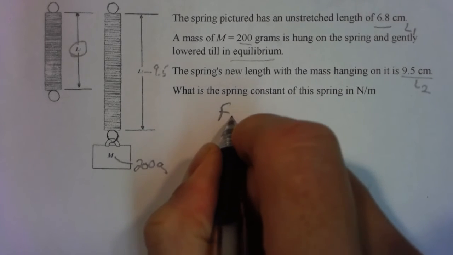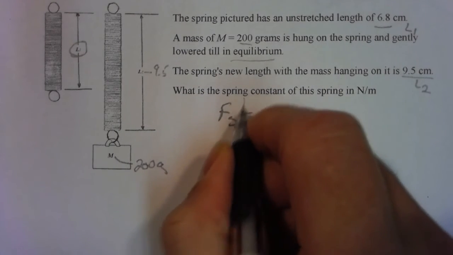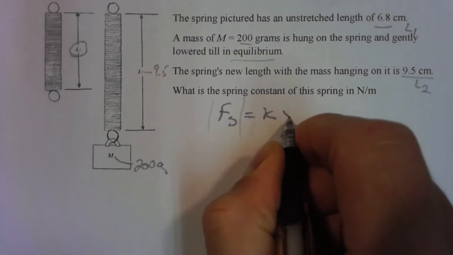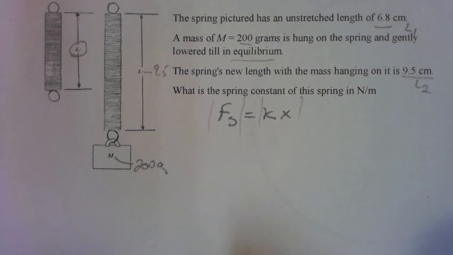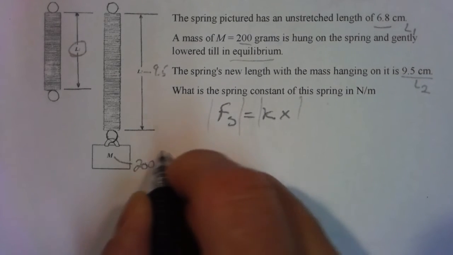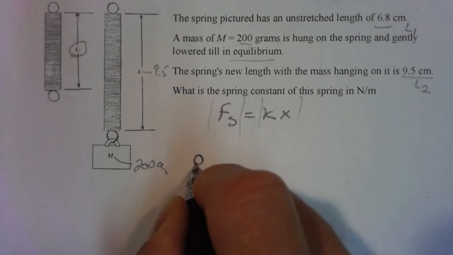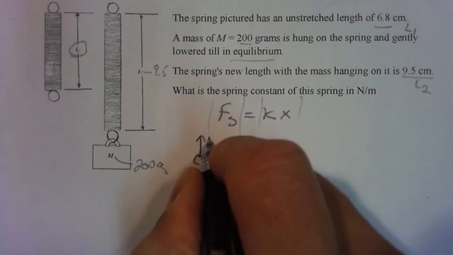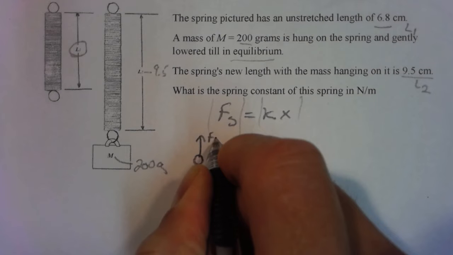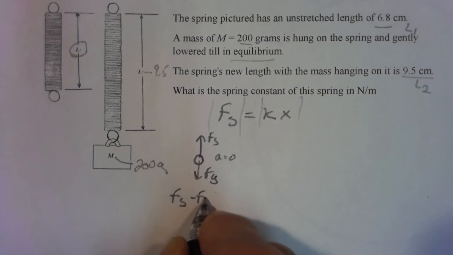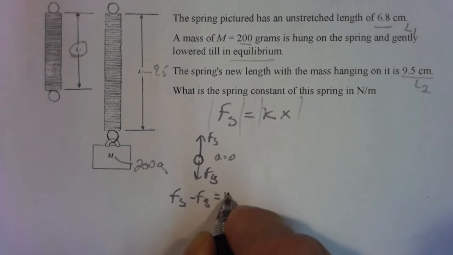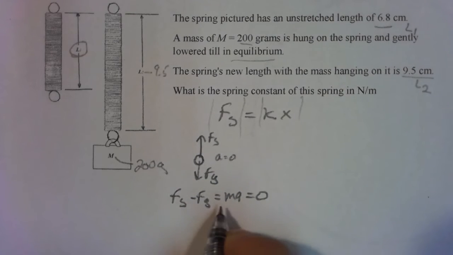Well, force on a spring is equal to, if we're not worried about direction, K times X. Okay, not worried about direction right here. So we have a mass hanging on it. So once again, if we look at the forces on that mass, there would be the force of the spring up, there would be the force of gravity down, and since it's not accelerating, those have to add to 0. That spring minus the gravity will equal ma, but that's going to equal 0.